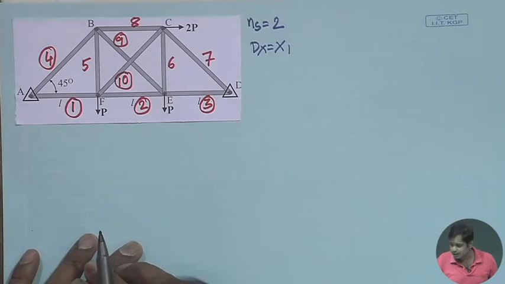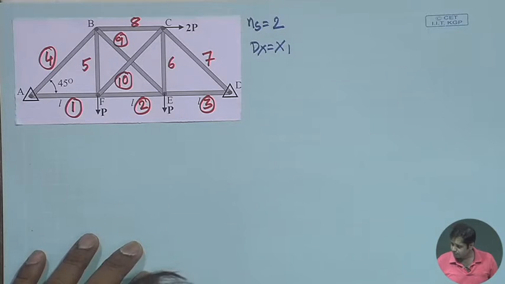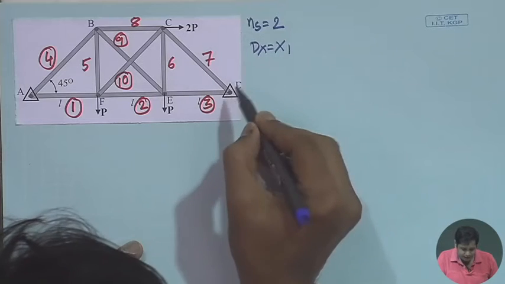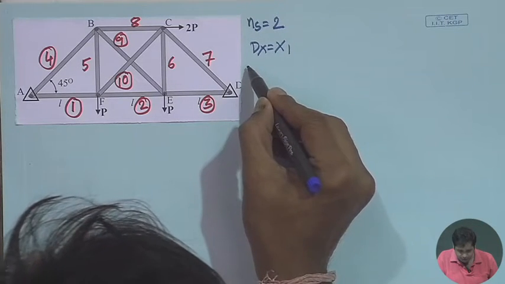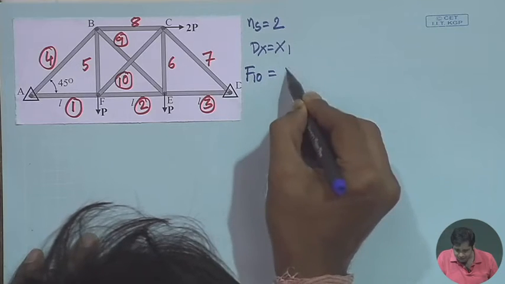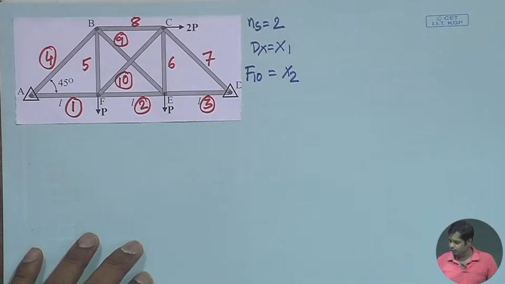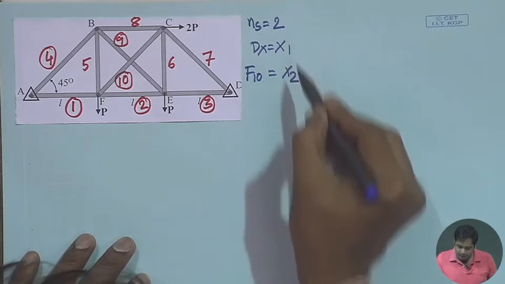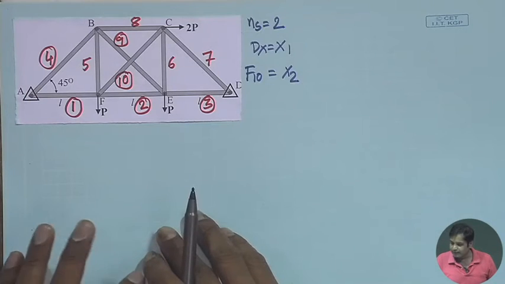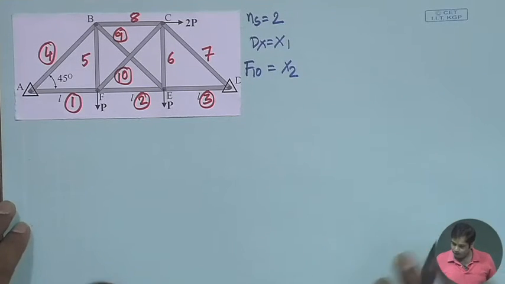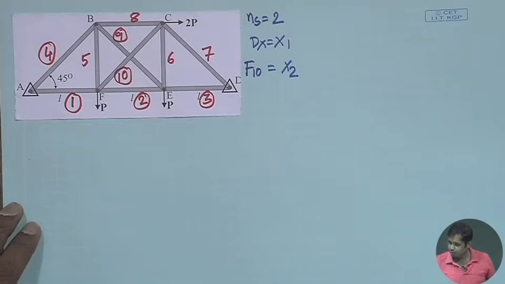So, it is the first redundant, and then we take the member force F10 as X2. So, these are our 2 redundant forces. So, X1 is our first redundant and X2 is our second redundant.